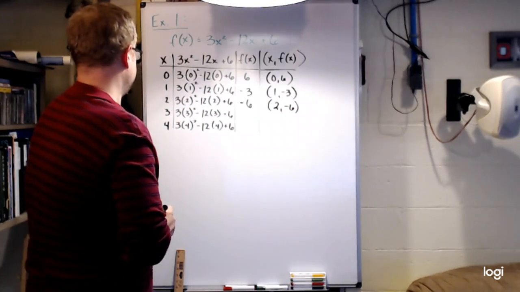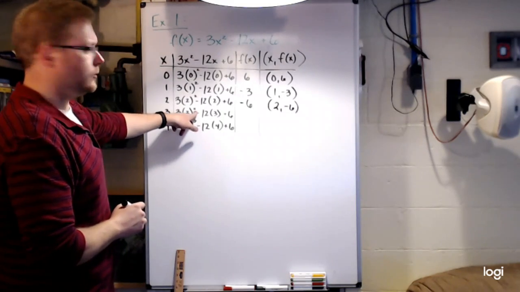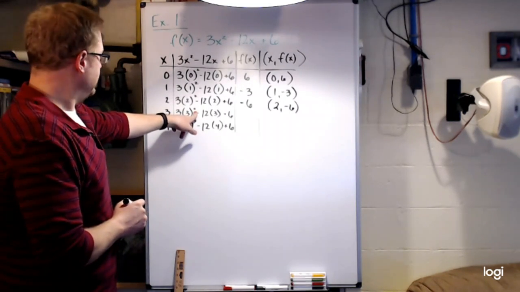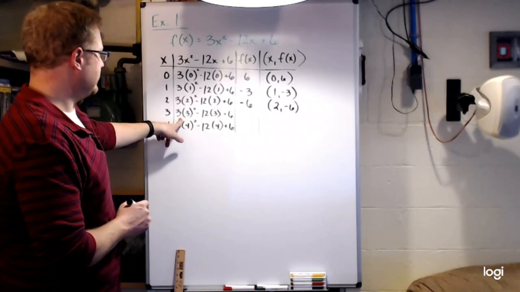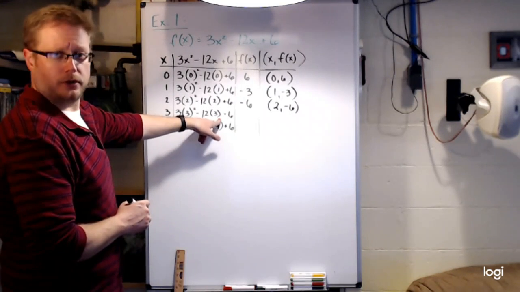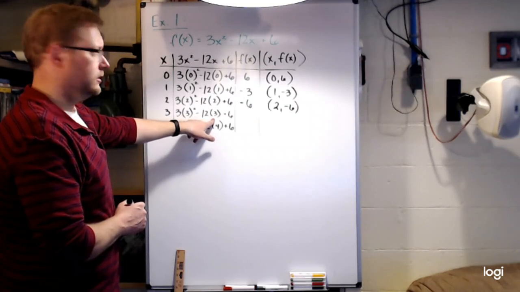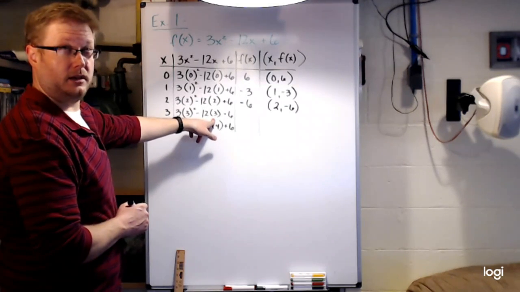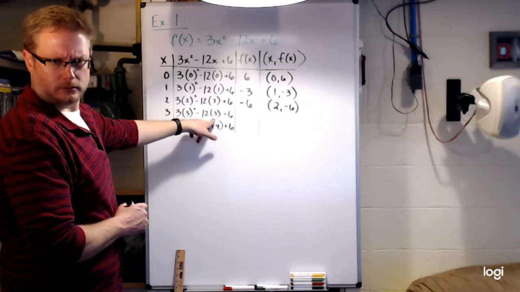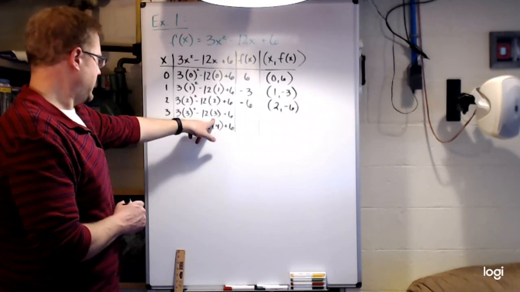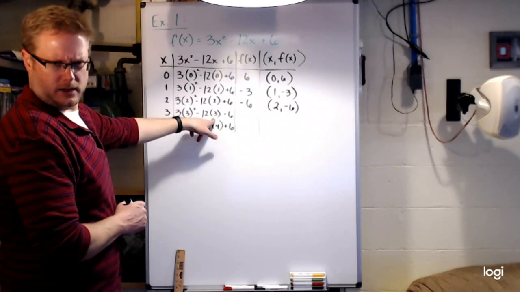Okay. Keep going. 3 squared is 9. 9 times 3 is 27. 12 times 3 here is 36. So 27 minus 36 is what? Negative 11. Wait a minute, did I do that right in my head?